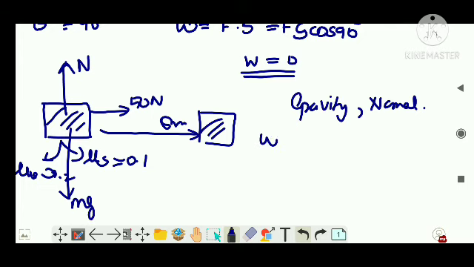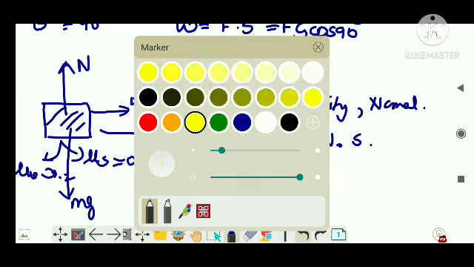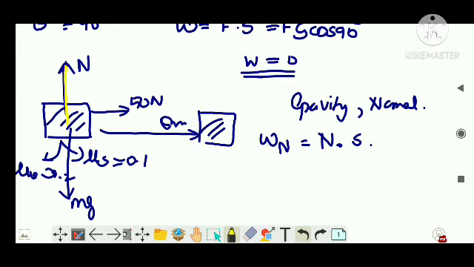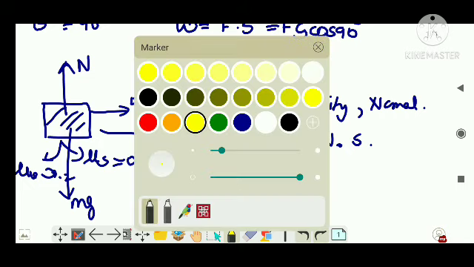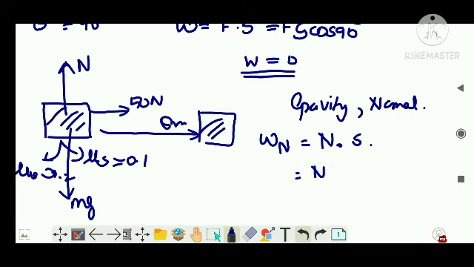Let's say what is the work done by normal. It will be normal force dot displacement. Now just look at the normal and the displacement. This is the normal, and the displacement is in this direction. What is the angle between them? 90 degree. So this dot product will be N S cos 90 degree, and what is cos 90 degree? 0.